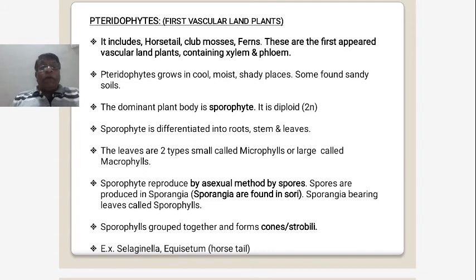Look here now. The sporophyte always reproduces by the asexual method, by spores. These spores are produced in a bag-like structure, which we call sporangia. Many sporangia group together and form a structure called sorus, singular.